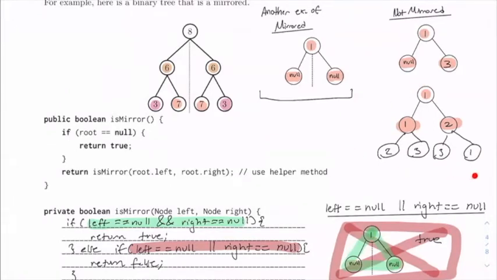But note that for this example, no matter what the values of the children are, so say that the value of the children look like this, no matter what the values of these children are, so basically the children of the children, since the left and the right direct children, which are of course the ones that are passed in through our argument, have different values, we have to return false.